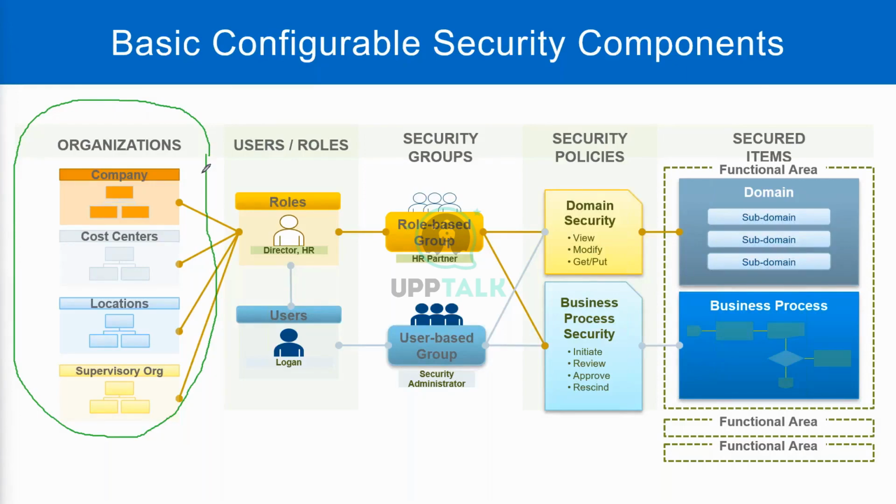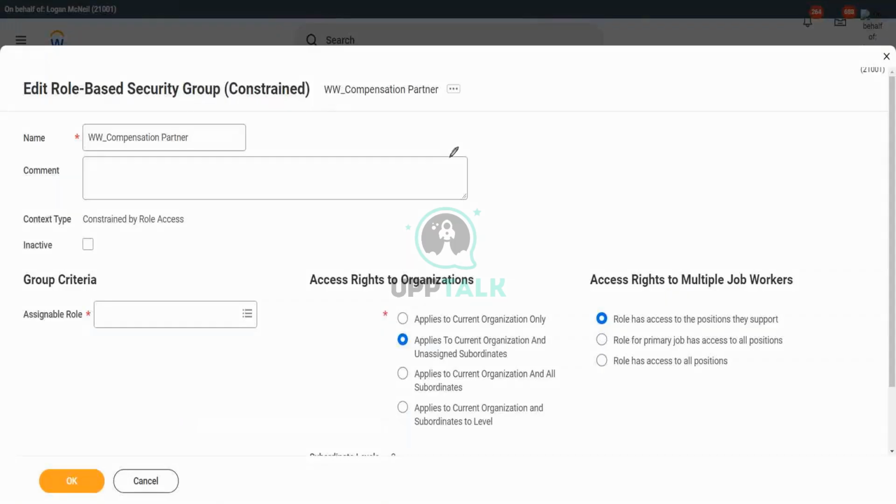Same thing. Because manager is a role-based constrained security group. The manager has access only to the organization that he manages. And how do we ensure that such a thing happens? To ensure that, we make sure that it is a constrained security group.